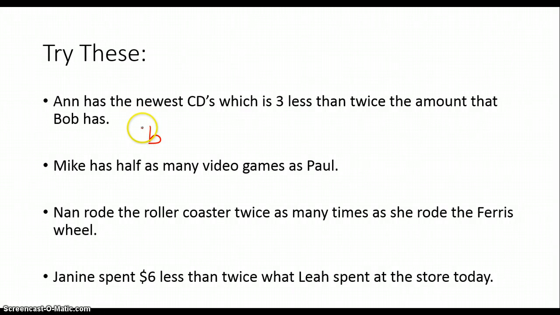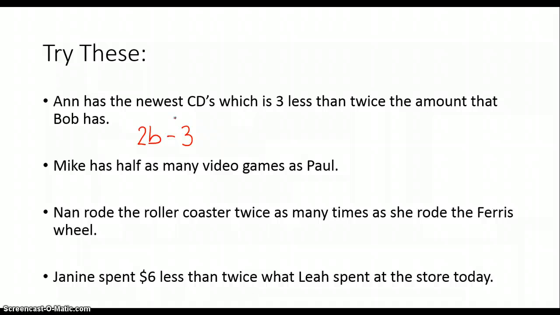But we know that Anna has twice what Bob has, but minus 3. So she almost has twice of what Bob has. So, twice the amount of Bob and 3 less than that. So 2b minus 3.